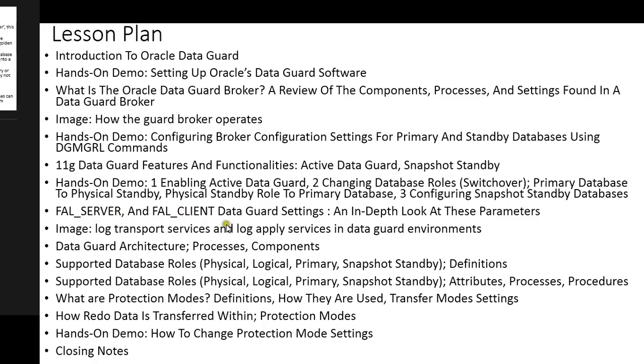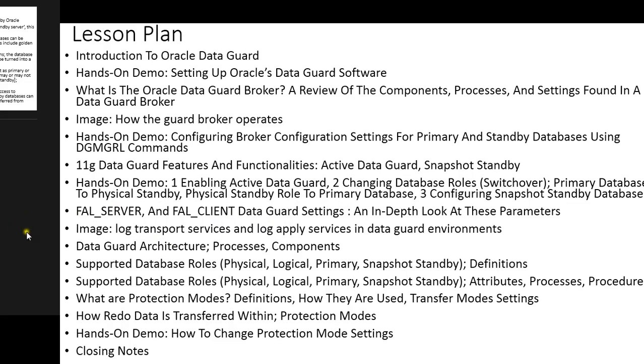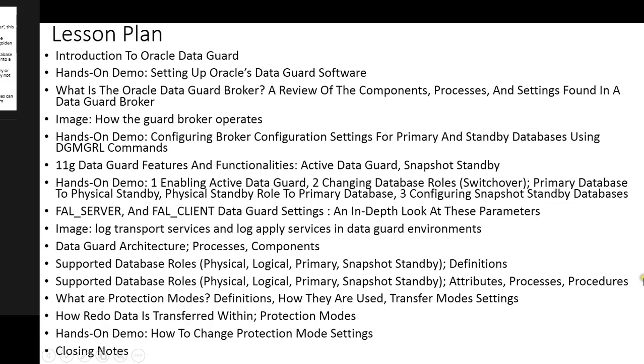I'm going to go into what these two settings are and tell you how to set them up for your Data Guard environment. Then I have an image of the log transport services and log apply services for your Data Guard environment and how these two services work. I also have a Data Guard architecture with the processes and components.